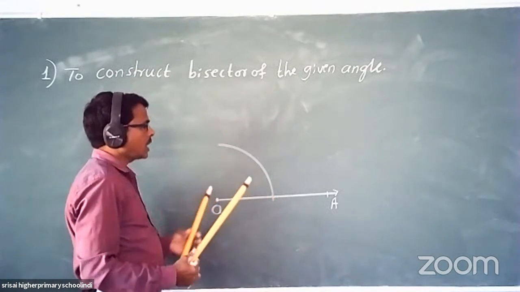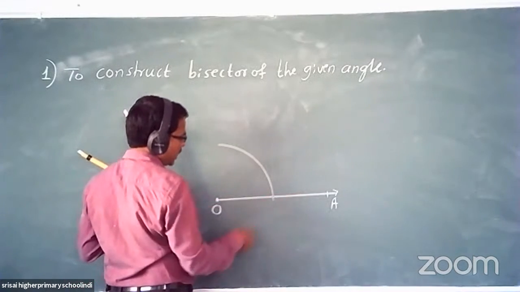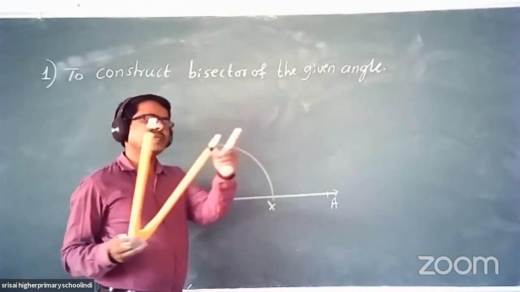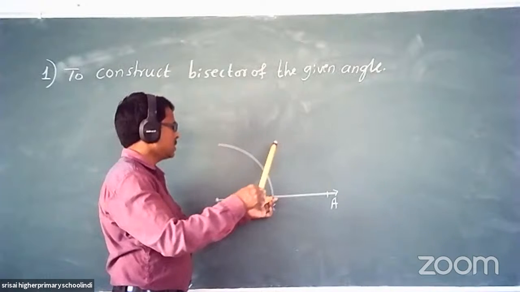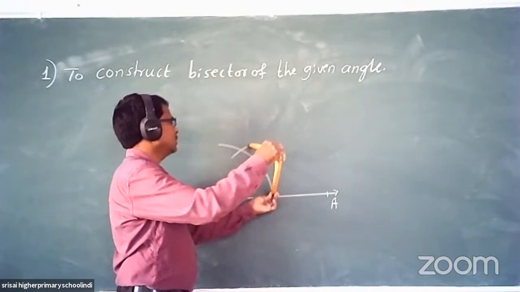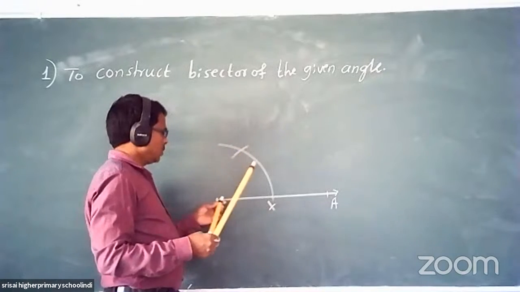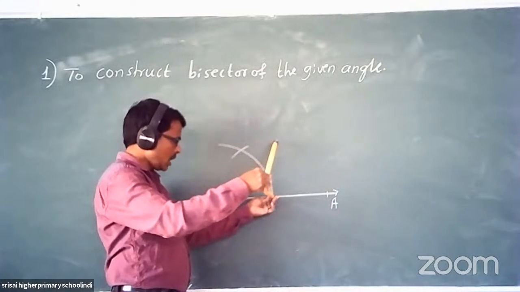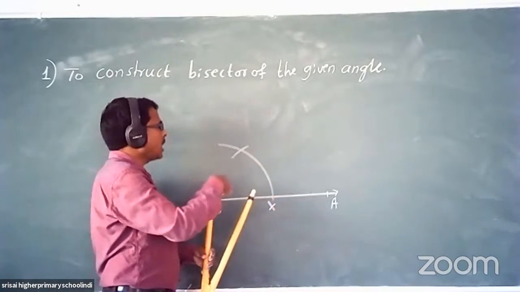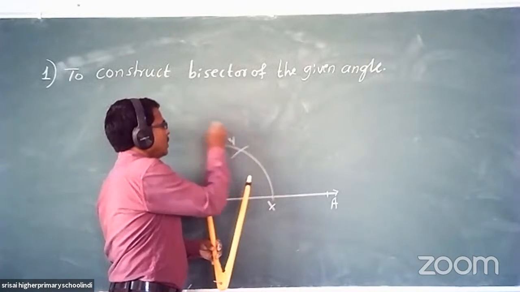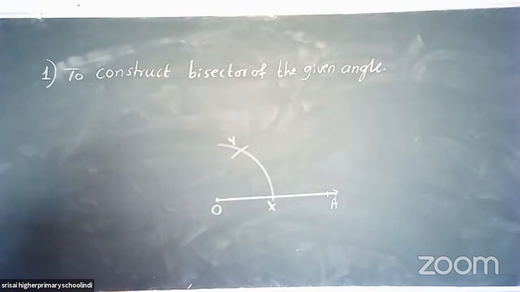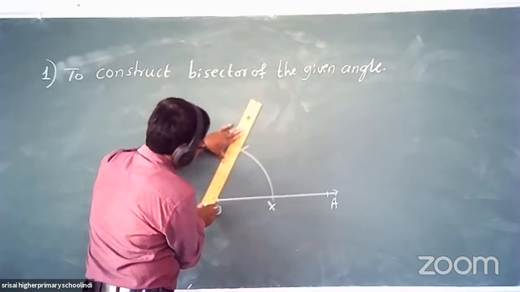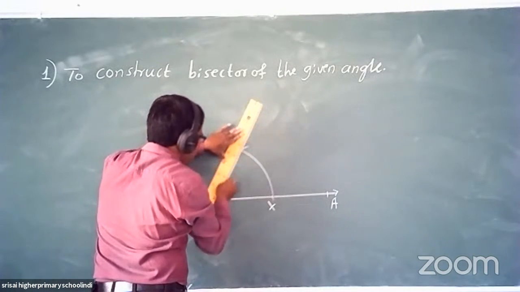Let this arc cut OA at X. Without changing arc length, keep the fixed arm of the compass on X. Draw another arc. Let it cut the previous arc at Y. Now, join OY and extend.